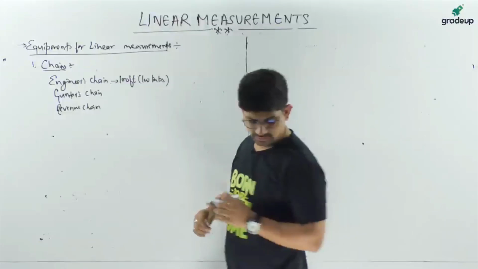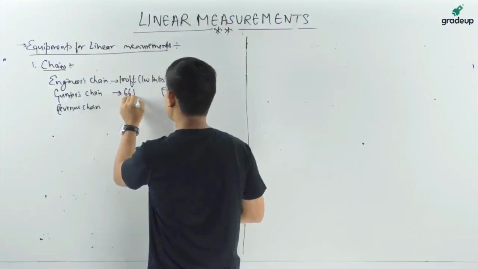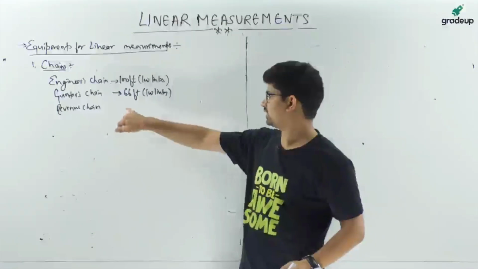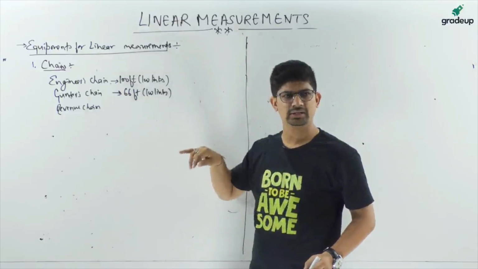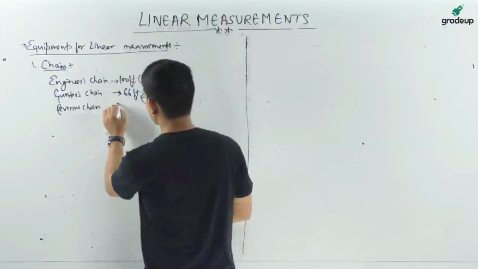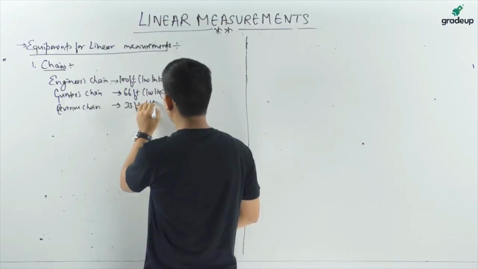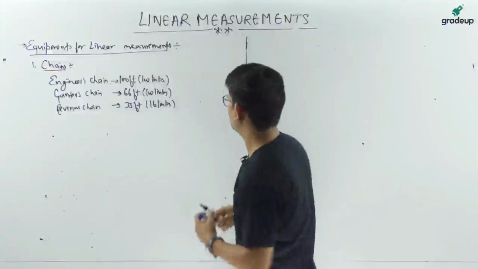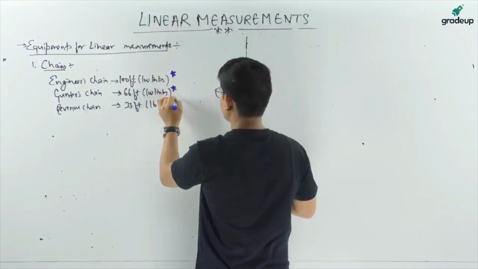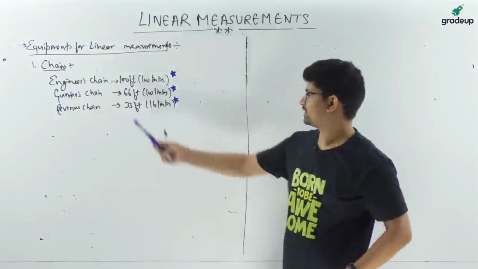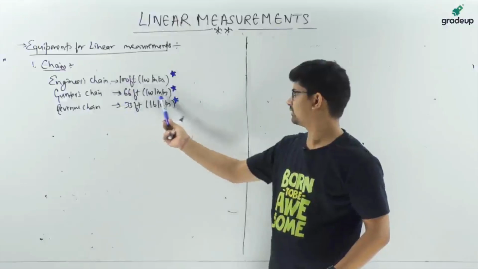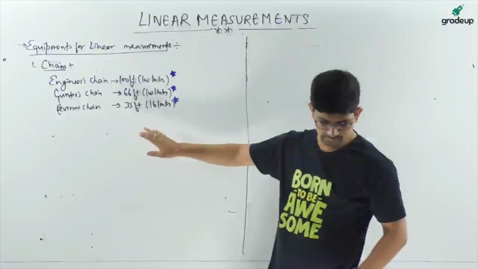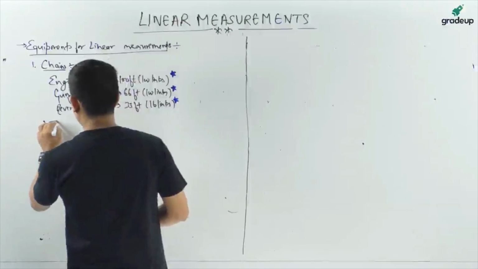Gunter's chain is 66 feet, 100 links, and revenue chain is 33 feet and only 16 links. These three things are important from an objective point of view. Engineer's chain 100 feet 100 links, Gunter's chain 66 feet 100 links, revenue chain 33 feet 16 links. Please remember them, they often appear in examinations.